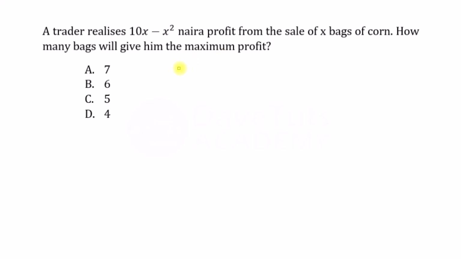So we can look at it that the function of his profit is 10x minus x raised to power 2 over the sale of x bags of corn. So we are to find how many bags will give him the maximum profit.